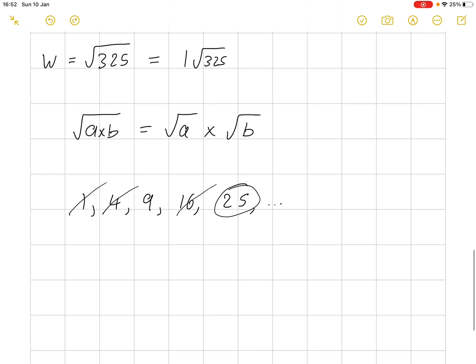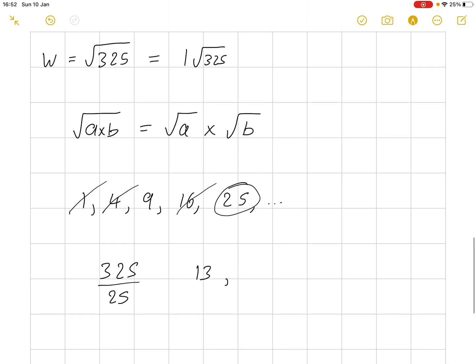So what is 325 divided by 25? Well, we could pull it into our calculators, but this is a non-calculator paper and we're not given one. So we have to work it out. It's 13. Why? Because we can split this 325 up into 100 plus 100 plus 100 plus 25.